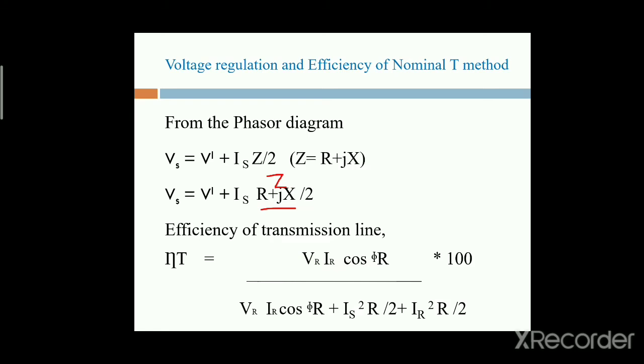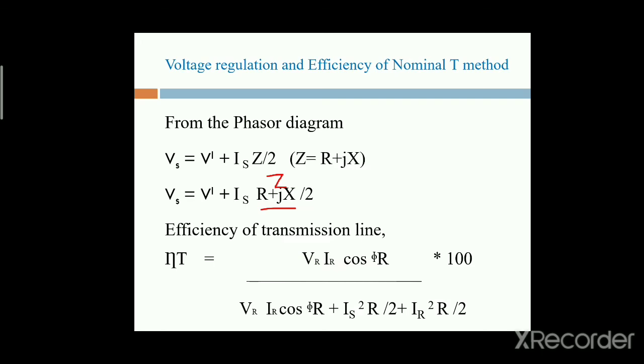That is Is square R by 2 plus IR square R by 2 in the nominal T method, where Is is the sending end current and IR is the receiving end current. Okay, this is the formula for the efficiency of the nominal T method.